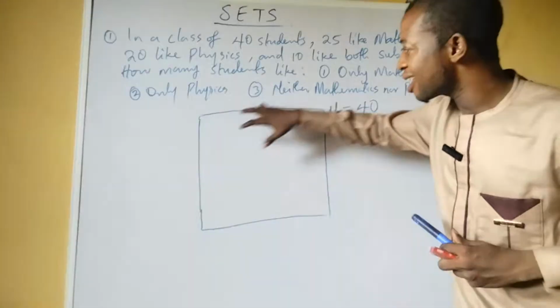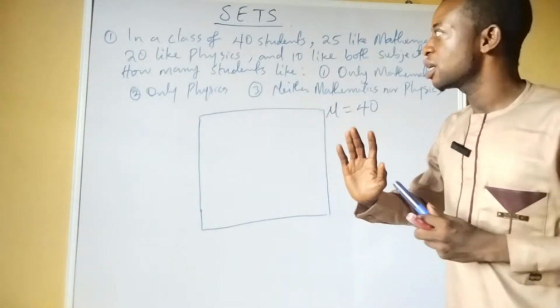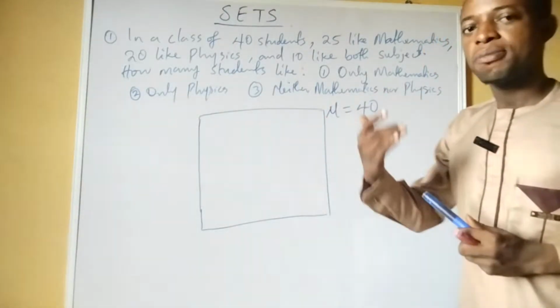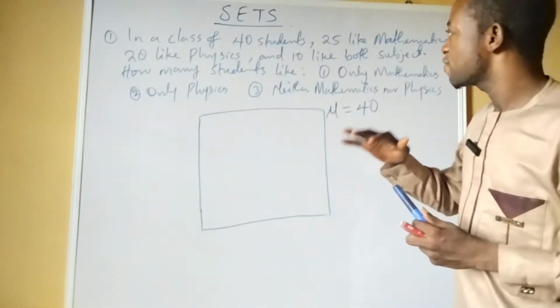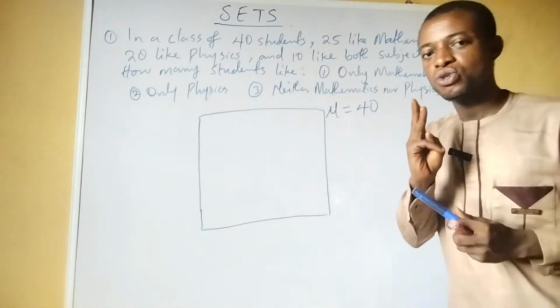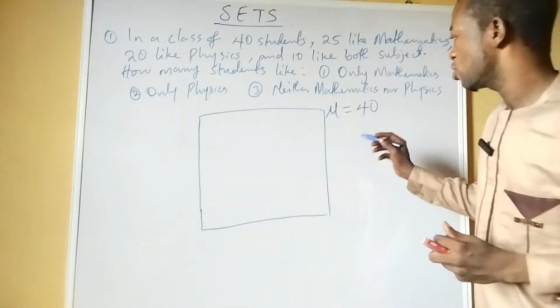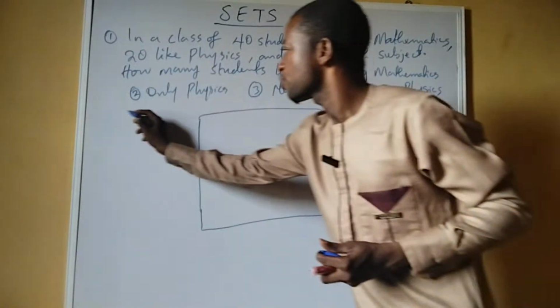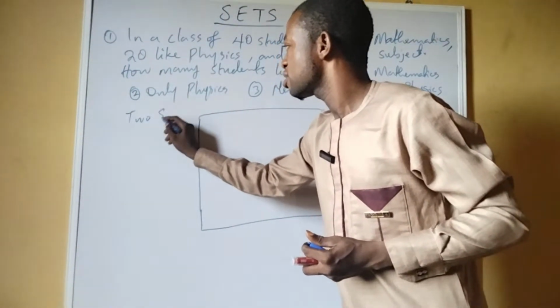Now, 25 like mathematics, 20 like physics. It implies we have just two sets here, a two-set problem.